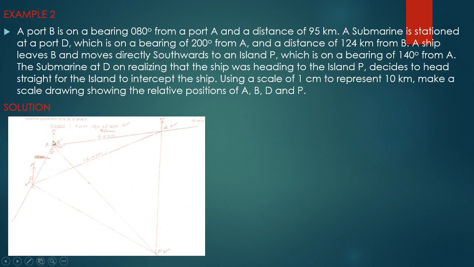So if I make a mark, then I need to measure 80 degrees for me to locate B. 80 degrees, that is a true bearing, that is clockwise. So I have to measure from here up to here.